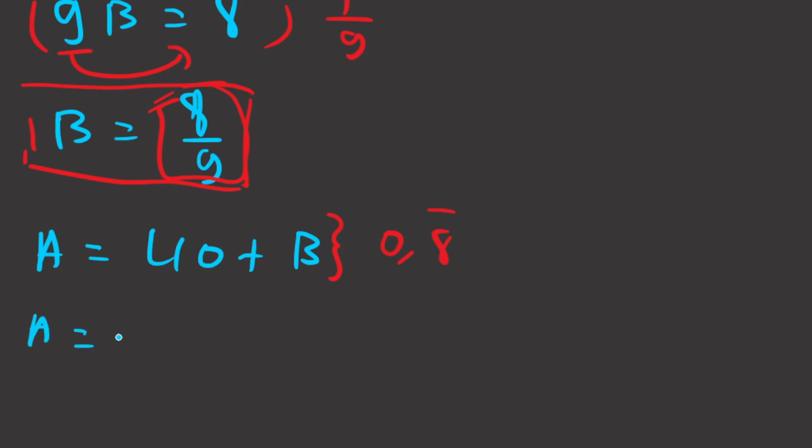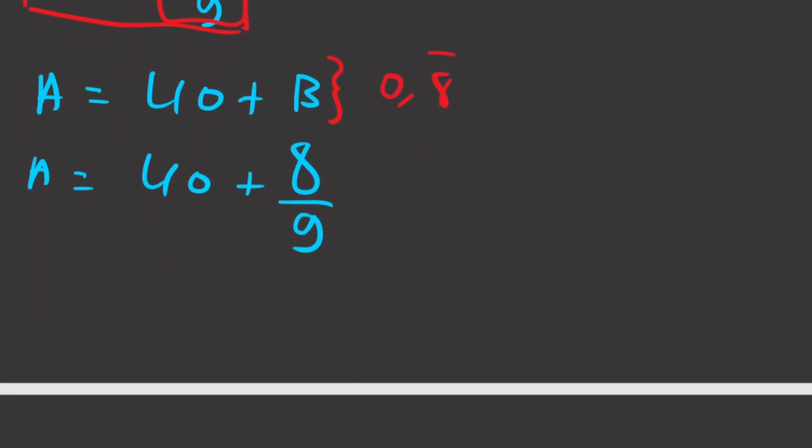So a is equal to 40 plus 8 over 9. We just do some calculations to get a, by multiplying by 9 on both parts.